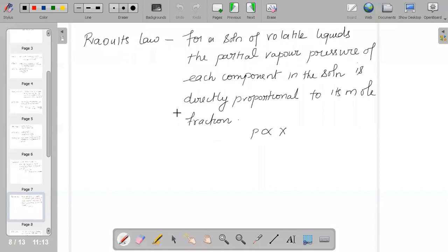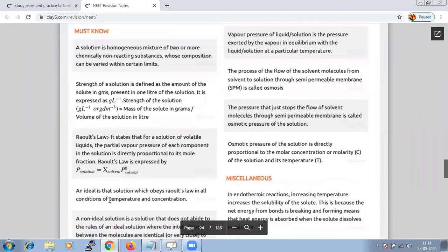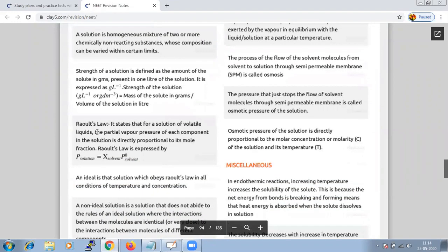And when we talk about Raoult's law, what is Raoult's law? Raoult's law states that for a solution of volatile liquids, the partial vapor pressure of each component in the solution is directly proportional to its mole fraction.